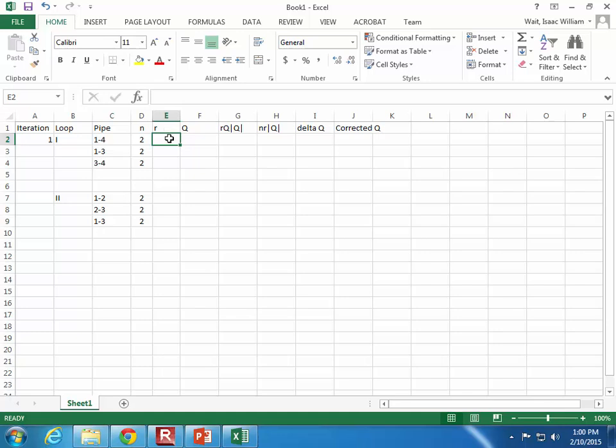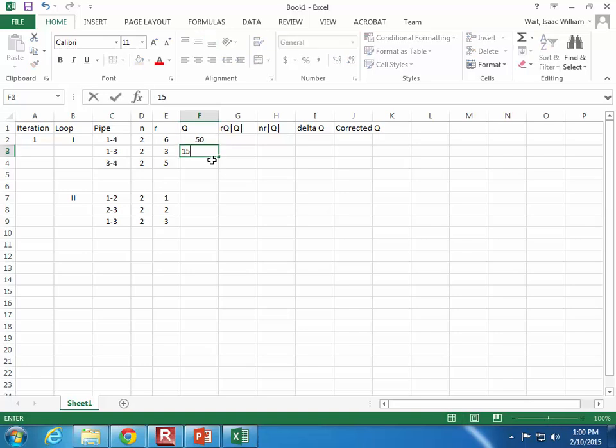Okay, the R values are 6, 3, and 5 here, for pipes 1, 2, and 3. So this is just exactly what you had on your paper from last time we met. Okay? I'm going to put in my initial guess flow rates of 50, 15, and negative 50. Where does the negative come from?